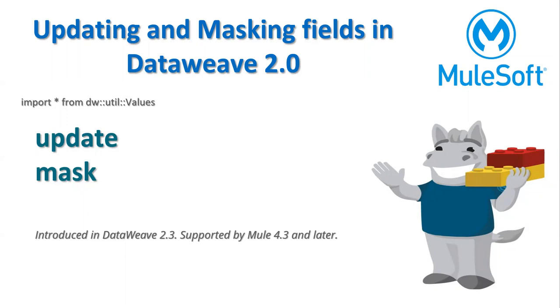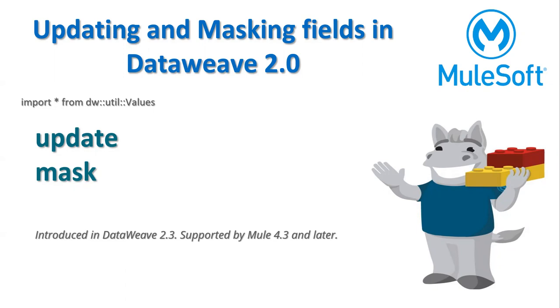Before the existence of the update or mask operators in DataWeave, if you needed to update a value or a field, it was a most cumbersome task, especially where there are multiple fields or values to be updated or the payload size is massive.